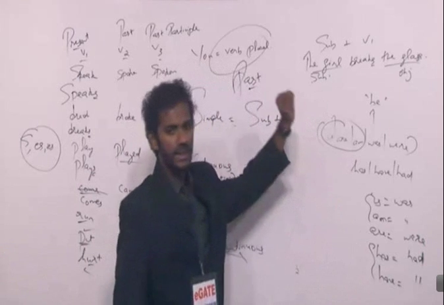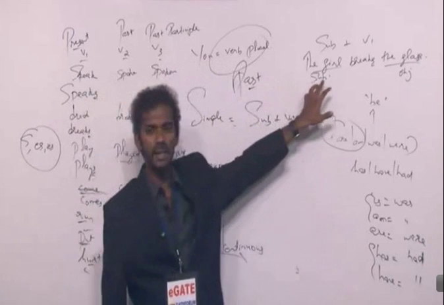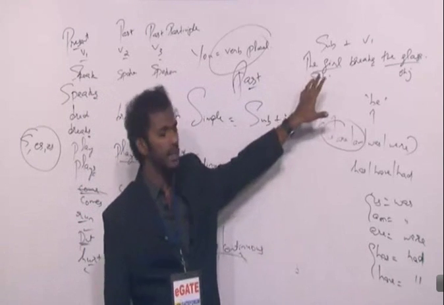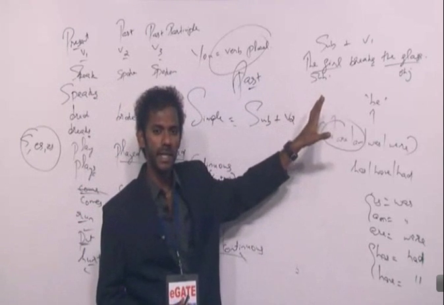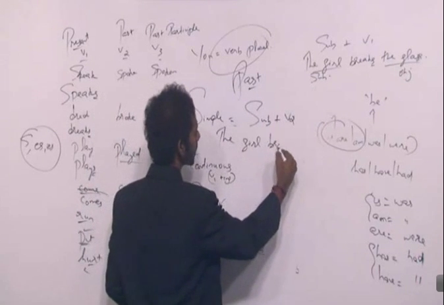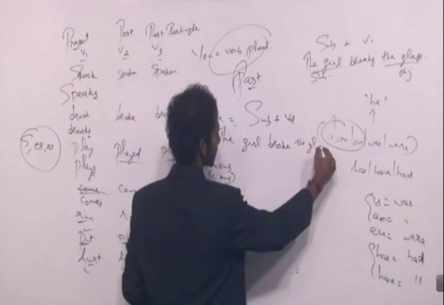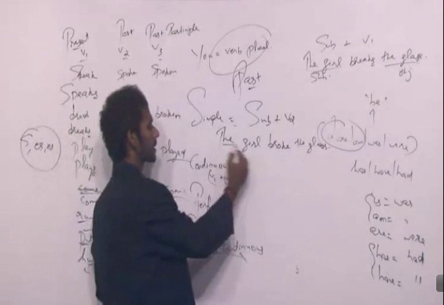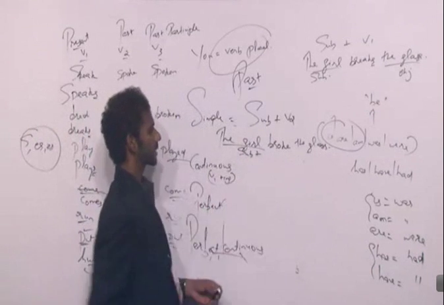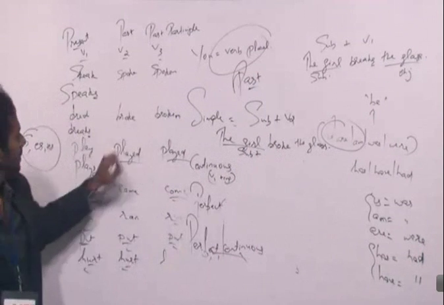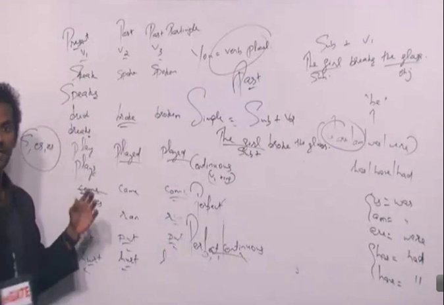Come to the same sentence. The girl breaks the glass. The girl is the subject here, right? Simple past is subject plus V2. So in simple past tense, this sentence becomes the girl broke the glass. The girl is the subject plus broke. Broke is V1 or V2 or V3? Broke is V2.